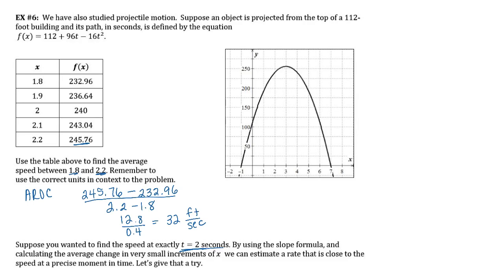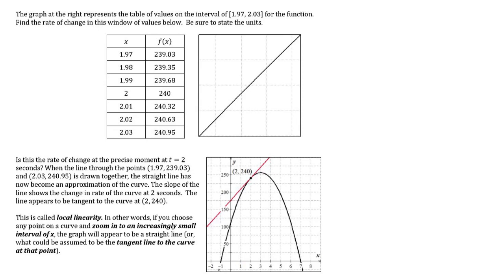By using the slope formula and calculating the average speed in very small increments of x, we can estimate the rate that is close to the speed at the precise moment. So that's what they're wanting us to try. Okay, so we are going to zoom in and get super close.